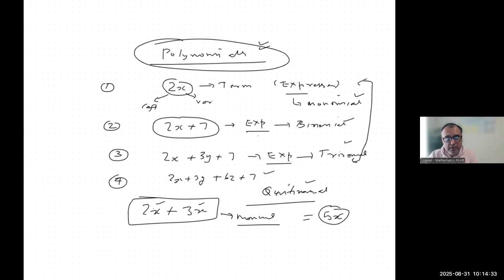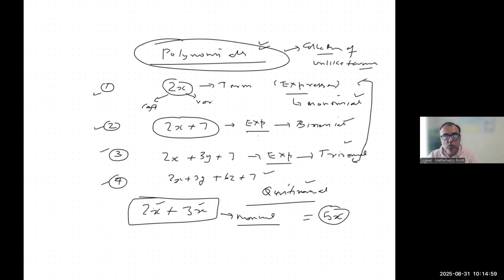So a polynomial in general is a collection of unlike terms. The terms are not like. So if you look at number 1, 2, 3, 4, they are not like. So obviously the first term is a monomial, so there's only one term.